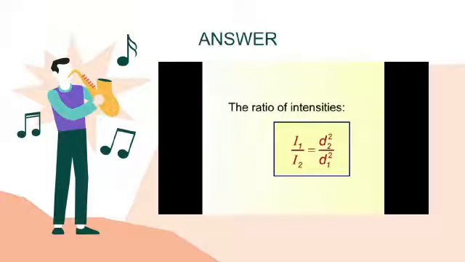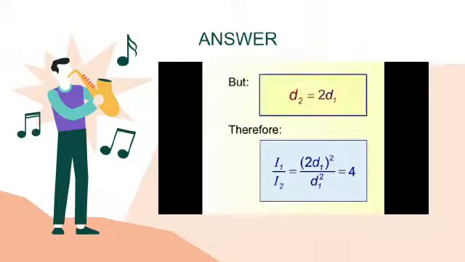So the ratio of the intensity of the closer source, I1, to the intensity of the more distant source, I2, is as shown here. We know that D2 equals 2 times D1, and inserting this into the equation, we obtain a value of 4. Okay, thank you, Mr. Z.